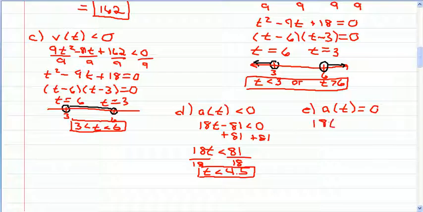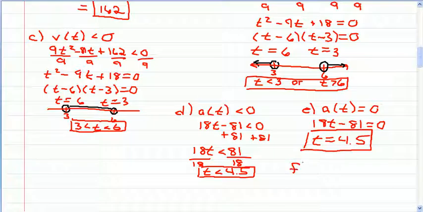So 18t minus 81 equals 0, and I'm solving the same equation that I solved in part D. The only difference is that now I have an equal sign instead of a less than sign, so t is equal to 4.5. So before 4.5 seconds, the speed is decreasing. At 4.5 seconds, the speed is not changing.